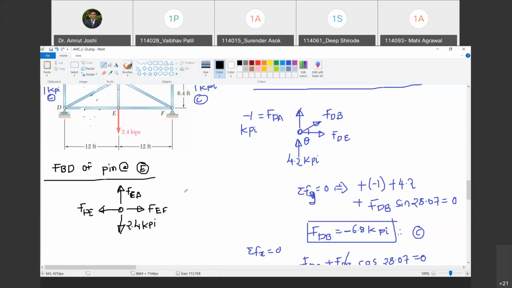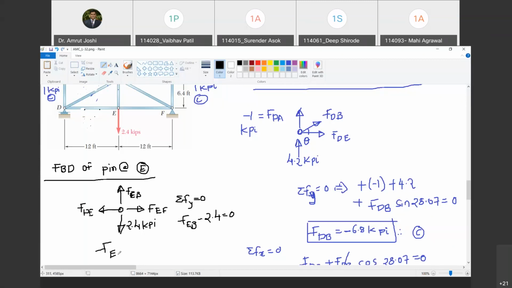Now to this, if I apply summation Fy equal to 0, what do I get? I get FEB minus 2.4 equal to 0. So what is the value of FEB?